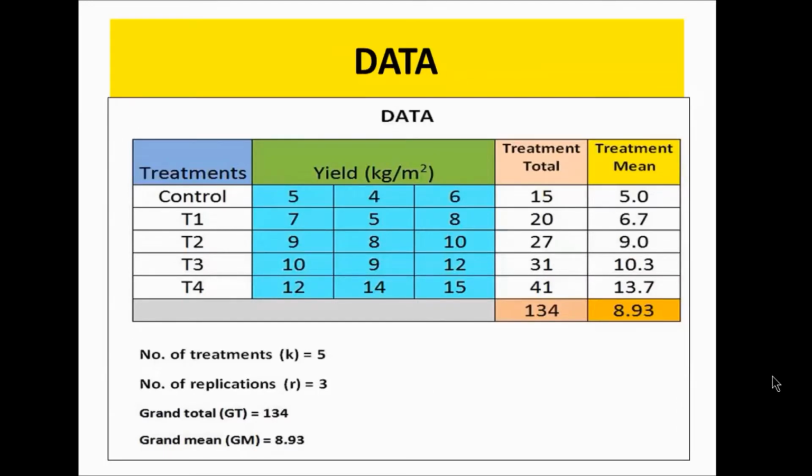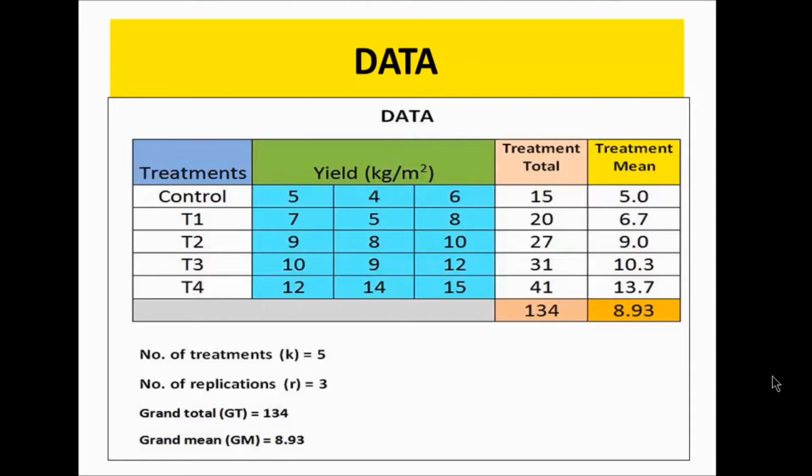Now, let's check the data. In the table, you can see the different treatments: control, meaning no treatment, and treatments 1, 2, 3, and 4. So we have 3 different replications.